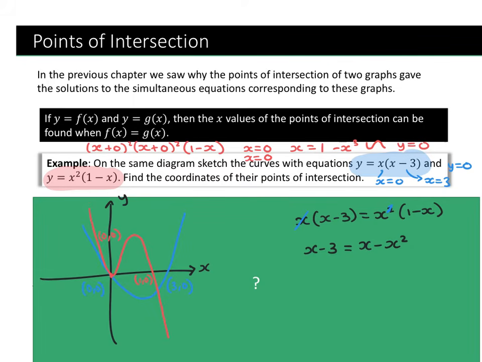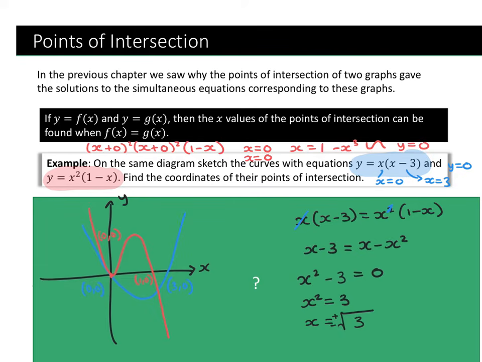Okay? I'm going to move everything to the left-hand side, okay? So then I'm going to get x squared minus 3 equals 0. Okay? So that means that x squared equals 3. So x equals plus or minus the square root of 3. Okay?